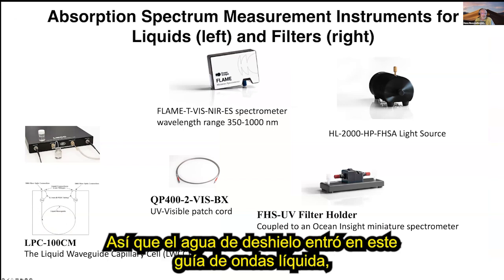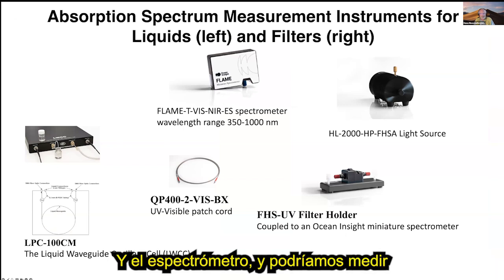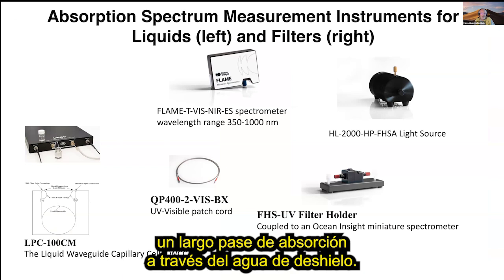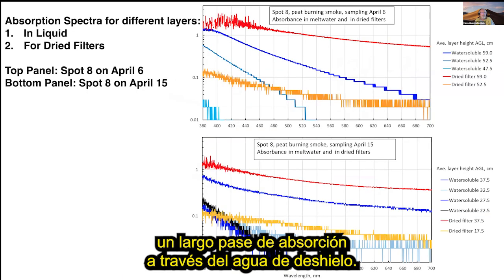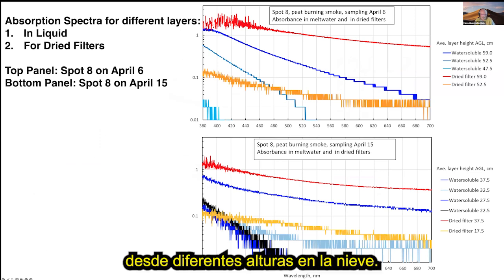So the melt water went into this liquid waveguide, which was connected to a light source and the spectrometer, and we could measure a long absorption path through the melt water. And here are some examples of melted snow samples from different heights in the snow.